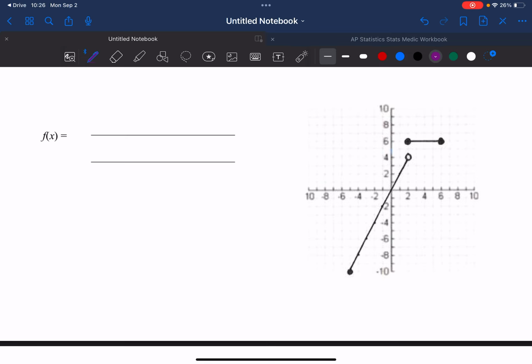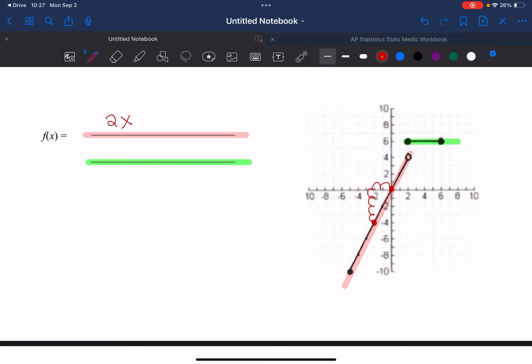Okay, this one here, we have linear and a constant. So for that linear one, I'm going to find 2 points. So I have this point here, and let's see, this point here. So I'm going to go up 4, 1, 2, 3, 4, and right 2, 1, 2, which means 4 over 2, so it's 2.